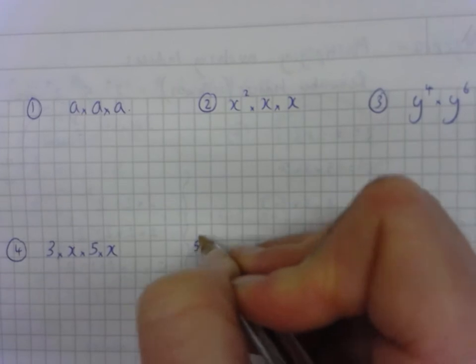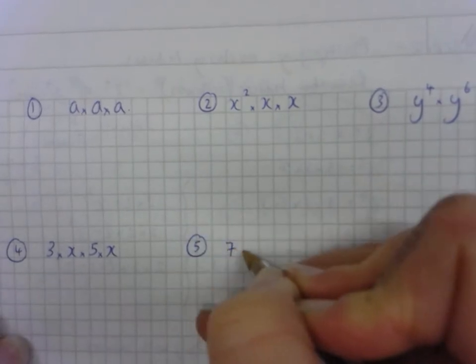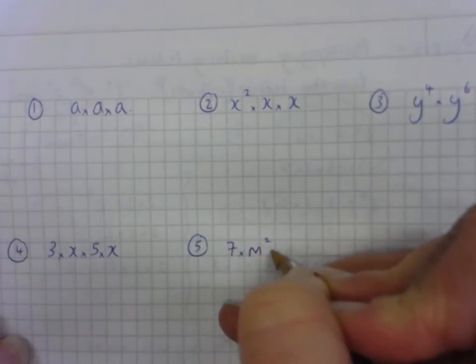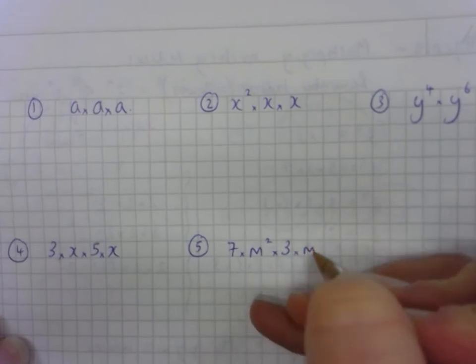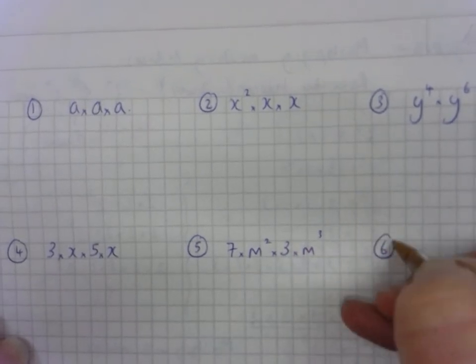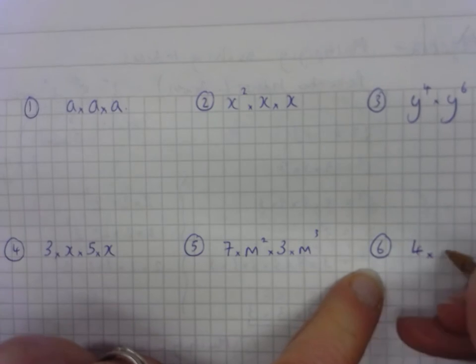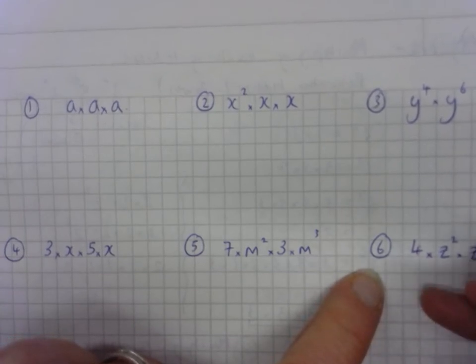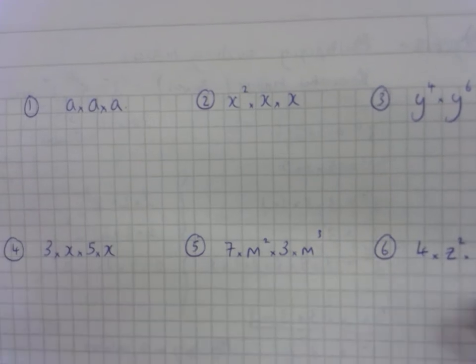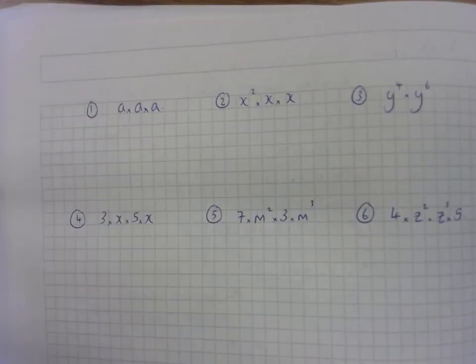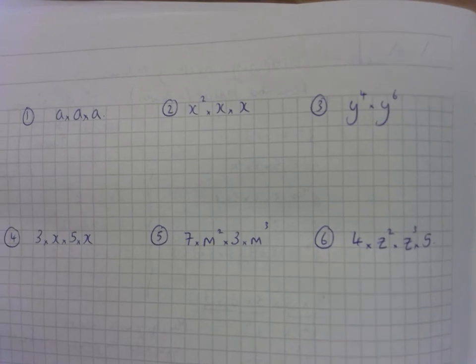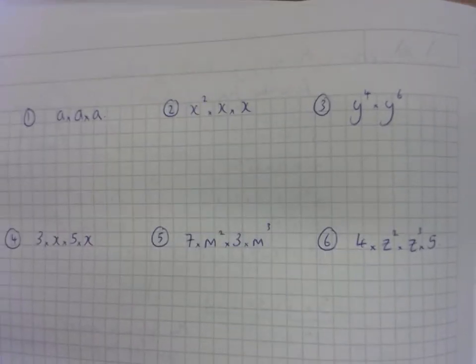Question 5, 7 by m squared by 3 by m cubed. And question 6, 4 by z squared by z cubed by 5. So pause the video, try those questions, and then see whether your answers are the same as mine.